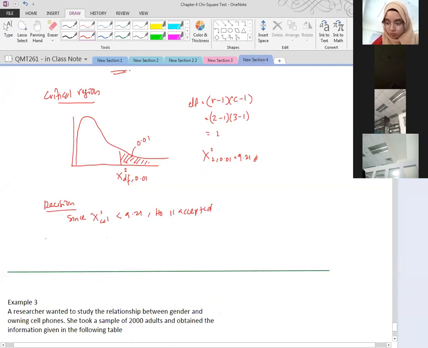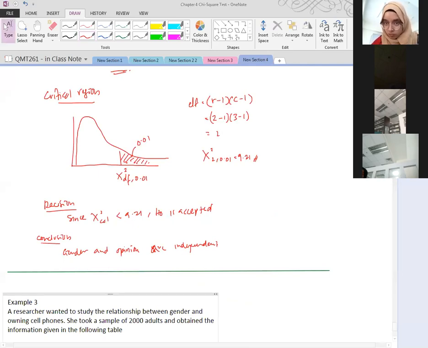So our conclusion is, since we fail to reject null hypothesis, we can say that gender and opinion are independent. So they are not related to each other, right? So now, are you okay with this one?